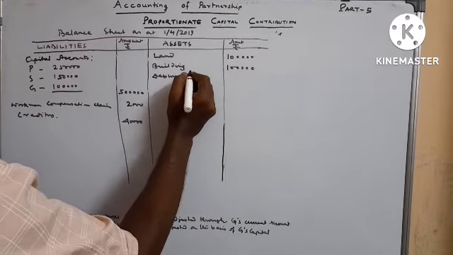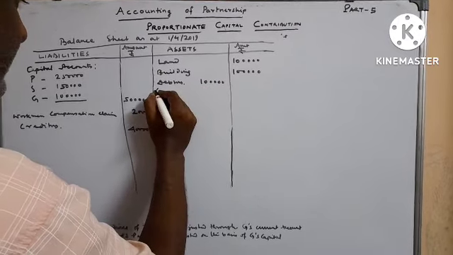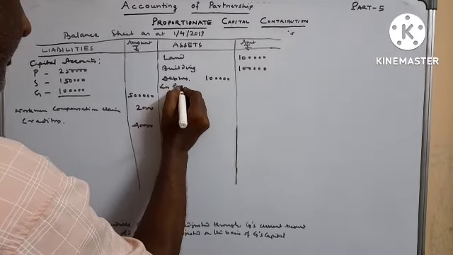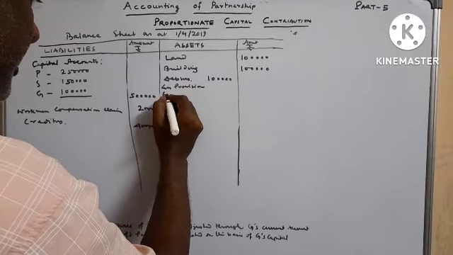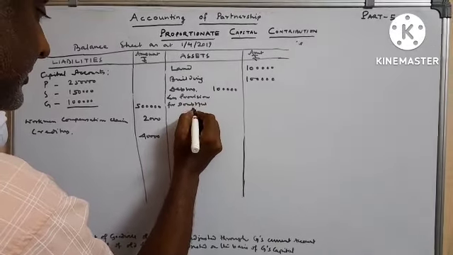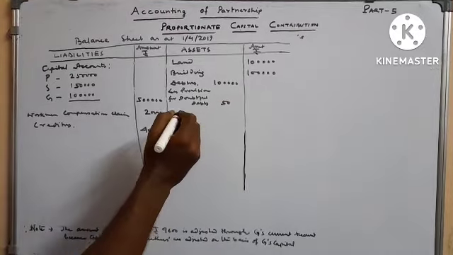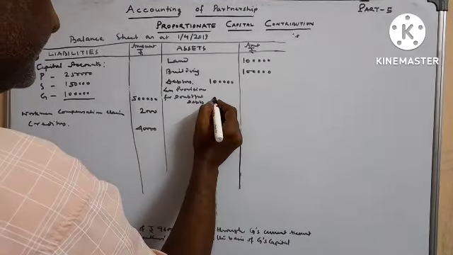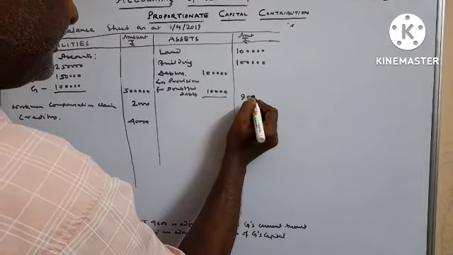Debtors how much given in question? 1 lakh. Less provision for doubtful debt. Provision for doubtful debts 5,000. Provision for doubtful debt 10,000. So result will be 90,000.